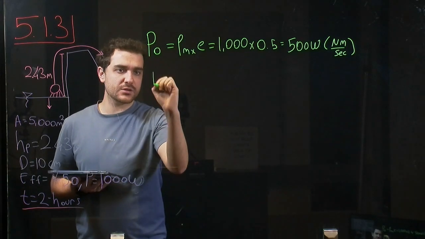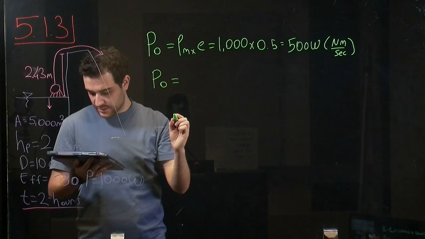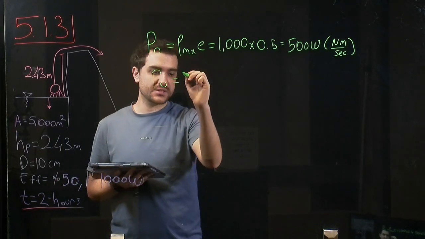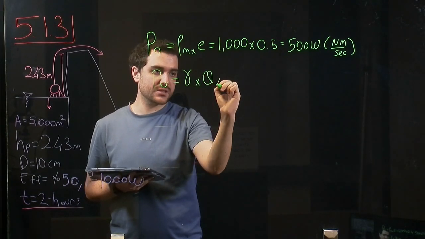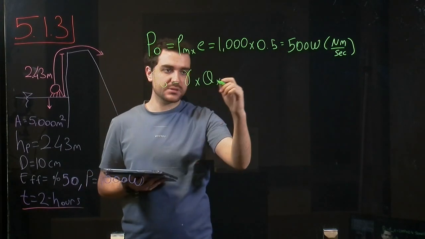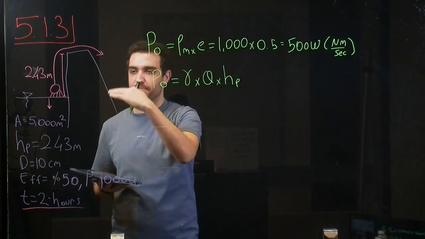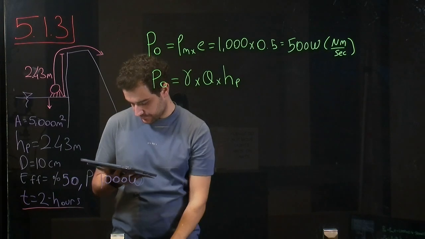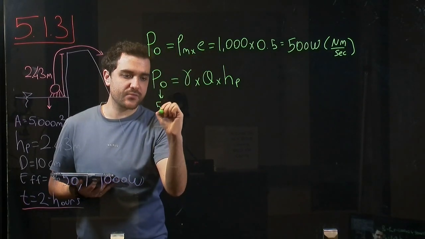And as you know, the power is calculated using this equation, which is the specific weight times flow rate times height of pump. I mean the head that the pump provides. So this is 500.